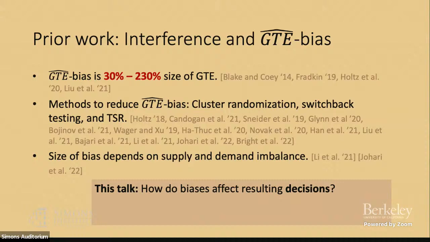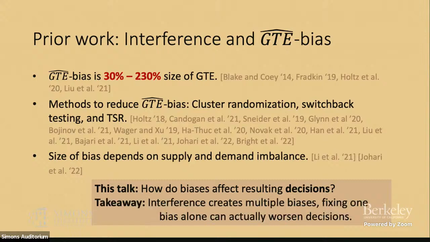I'm happy to talk about this later, but what I'm going to focus on in this talk is taking a step back and saying, yes, we know the treatment effect bias is there, but how does this ultimately affect the decisions that a platform makes from these experiments? Hopefully by the end of this talk, you'll see that there's more to this problem of how experiments affect decisions than just the treatment effect bias.